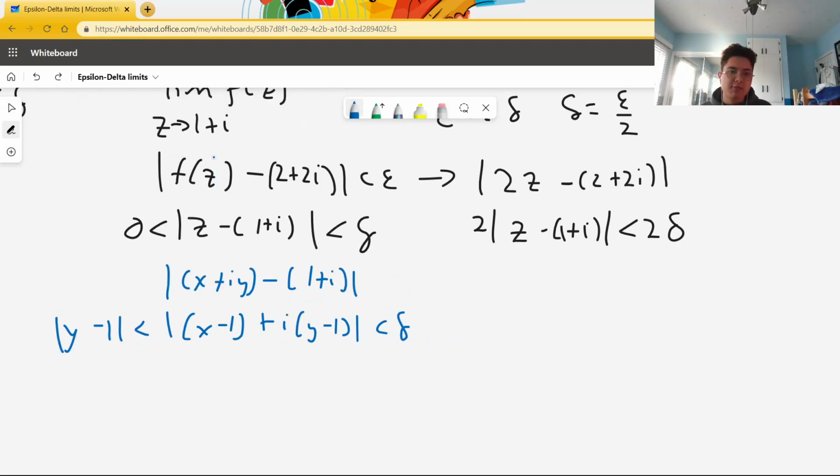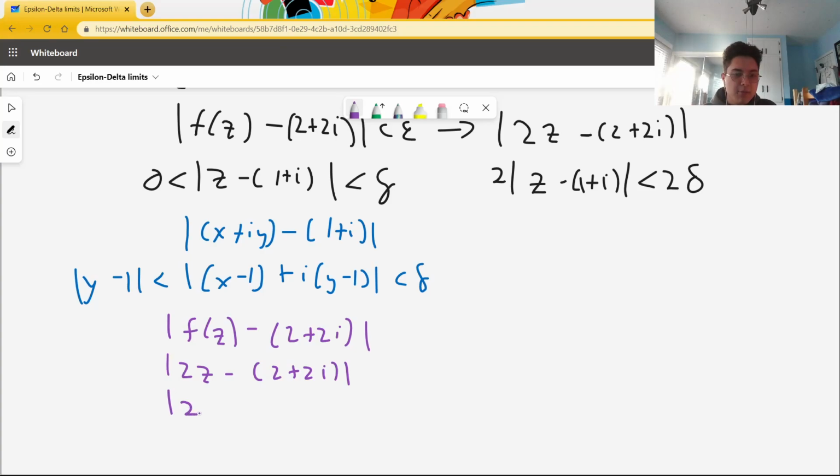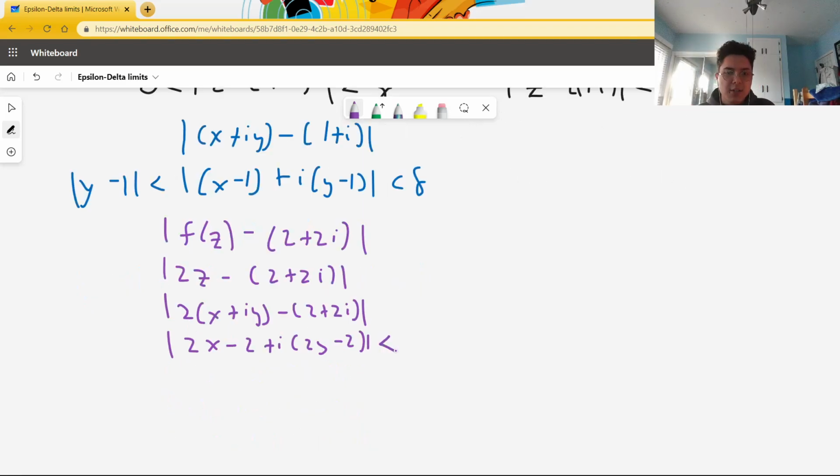To practice this, let's redo our proof and rewrite this function. f of z minus (2 plus 2i) can be written as 2z minus (2 plus 2i), and z can be written as x plus iy, and this can be rearranged into (2x minus 2) plus i(2y minus 2), which by the triangle inequality is less than |2x minus 2| plus |2y minus 2|.